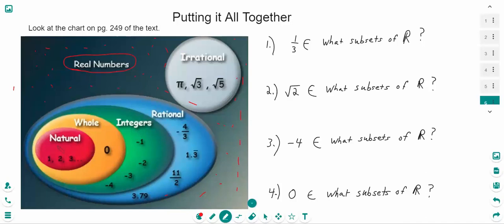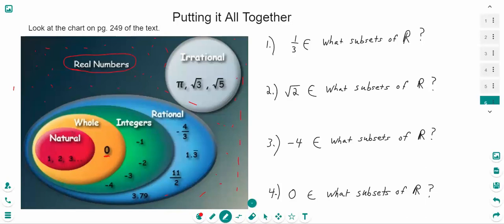So if we start with the natural numbers, in this red circle down here, that red circle contains all of the natural numbers. So notice it contains 1, 2, 3, and of course going on for infinity. Okay? All of the natural numbers. Now, this whole red circle, though, is contained in this yellow circle. The yellow circle contains all of the natural numbers, and in addition, it contains a 0. Okay?